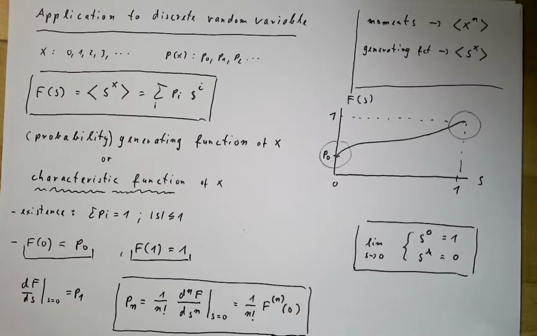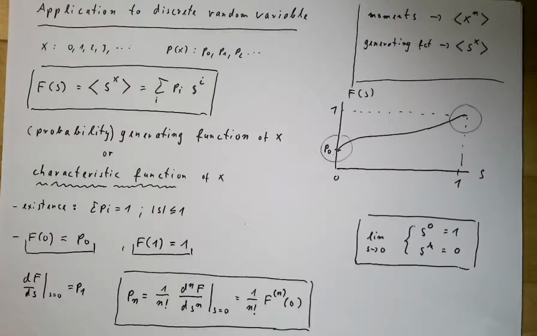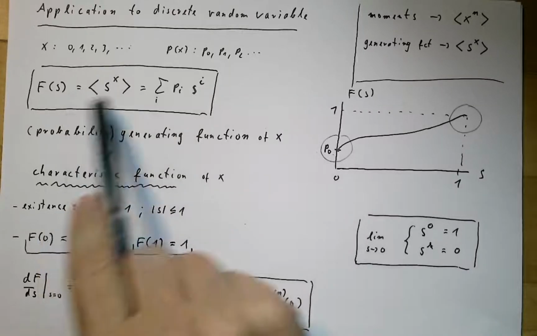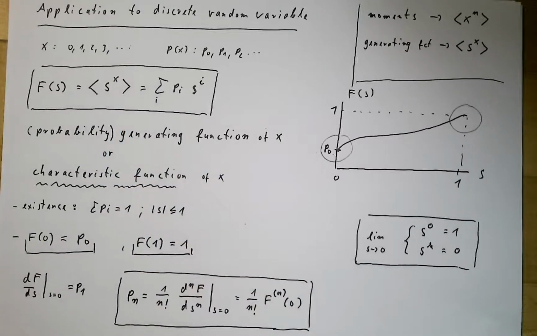And of course now you might wonder why we do this at all, and just bear with me, this is a very cool technique, because very often it's easier to construct this function and then later to recover the properties of our distribution. And now in the next videos I will show you some very simple examples of discrete probability distributions.